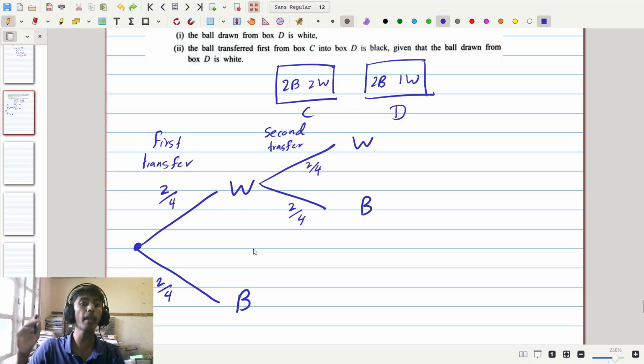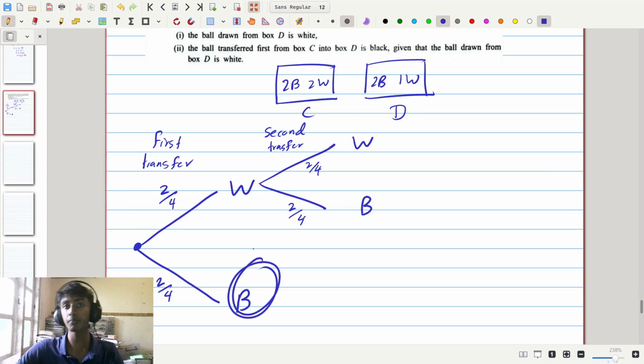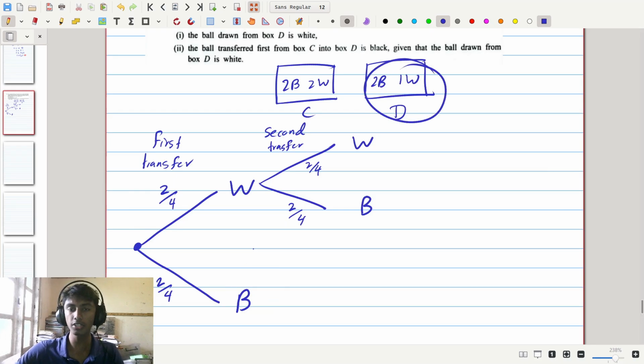So if we choose a black ball from C and transfer it to D, then we can see we're going to have 2 black balls plus the third black ball that we get from C plus a white ball in box D, and therefore box D is going to have 3 black balls and 1 white ball.